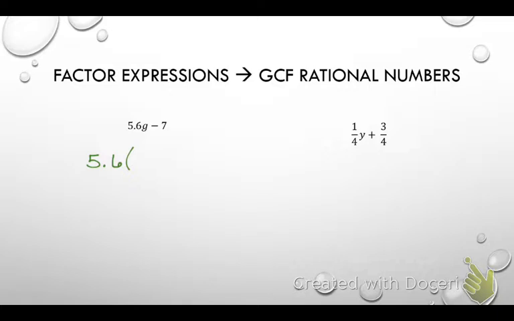Okay? Now I have to figure out what's left inside. The great news is, because I pulled out 5.6, which was the first number, any number divided by itself is what, class? 1. So 1g, everyone should get to this point, okay? Because here I've done no math up to this point. Now, to divide negative 7 by 5.6, that's going to require what?